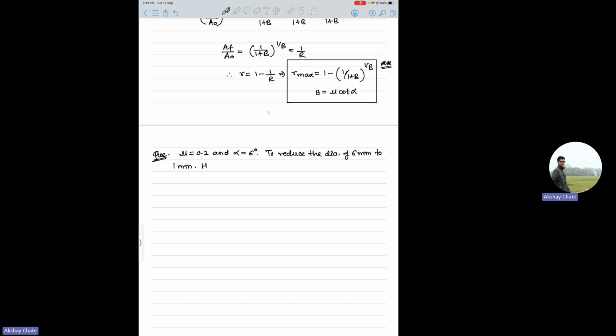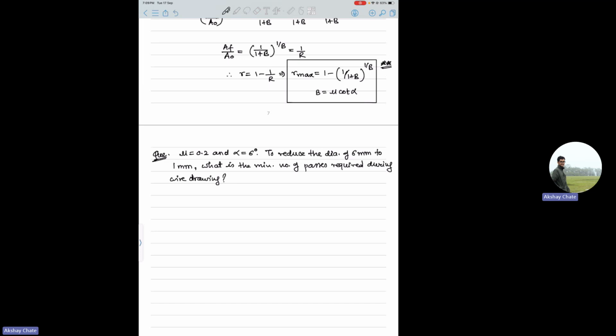What is the minimum number of passes required during the wire drawing process? This kind of question.